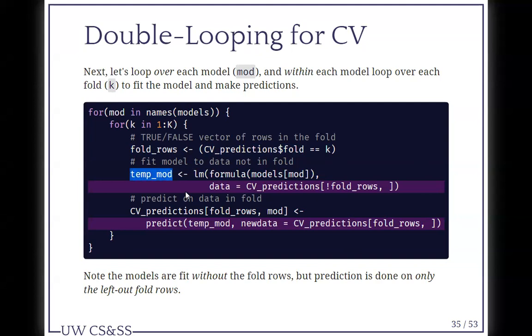And then we're going to fit a temporary model, which uses the data that's not our current fold rows. Then we're going to assign to our CV predictions, at each of our fold rows at the column for our model, the predicted values based on our temporary model and the new data, which is our CV predictions at each of the fold rows. Note the models are fit without the fold rows, but prediction is done on only the left out fold rows.